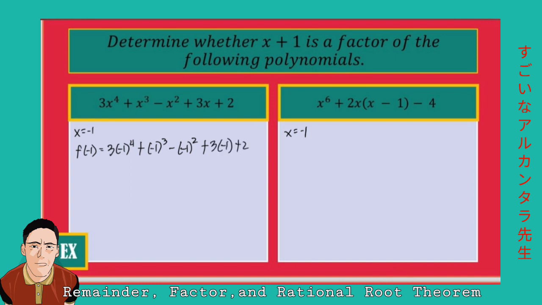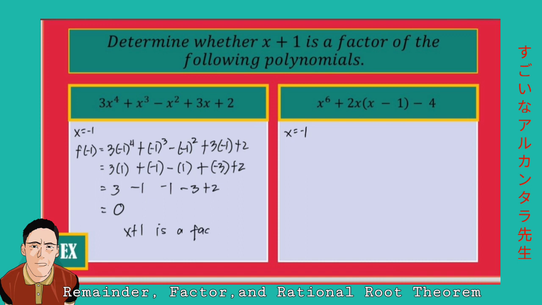So this will be 3 times 1 plus -1 minus 1 plus -3 plus 2. This will be 3 minus 1 minus 1 minus 3 plus 2. So if we continue with this one, this will actually give you 0. 3 minus 1 minus 1 minus 3. Am I correct with that? Yep. So this means that x plus 1 is a factor of the given.